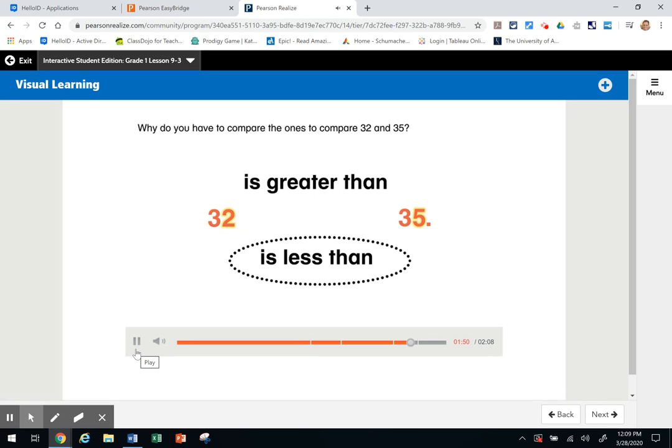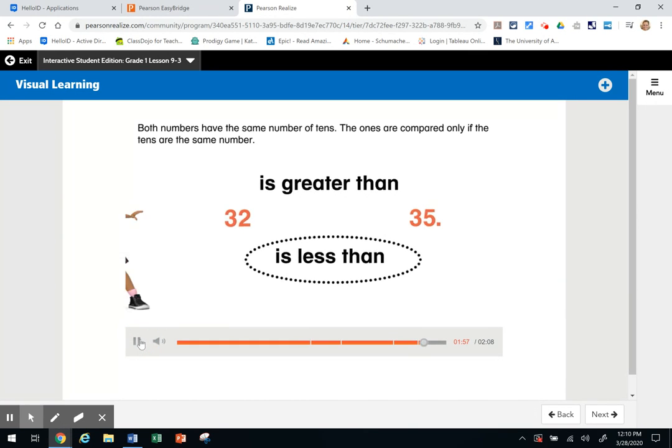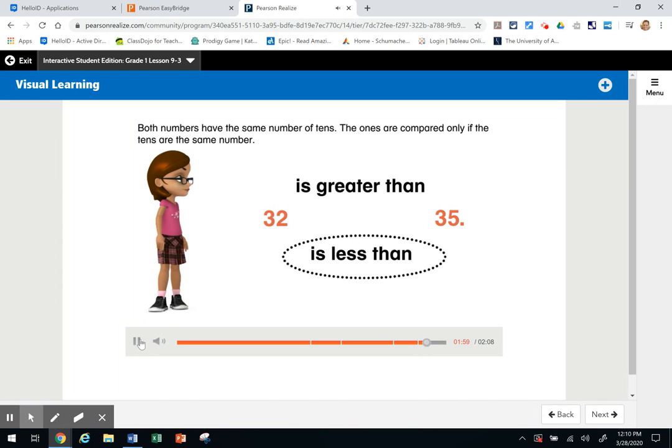Why do you have to compare the ones to compare 32 and 35? Because the tens are the same number, you look to the ones so that way you can figure out whether 32 is greater than 35 or whether 32 is less than 35. Both numbers have the same number of tens.